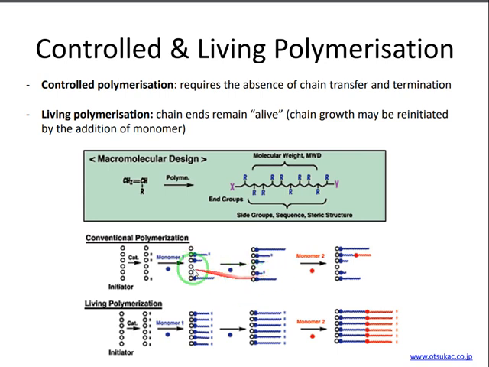Because there is no control over the growth of the polymer chains, we will have a broad distribution of the molecular weight, and as a result a broad distribution of their sizes, the length of the polymeric chains, and as a result of that, the polymeric nanoparticles that we will finally get will definitely differ in their size.